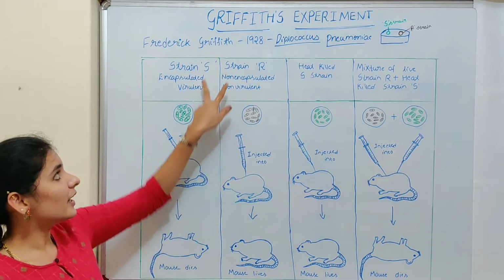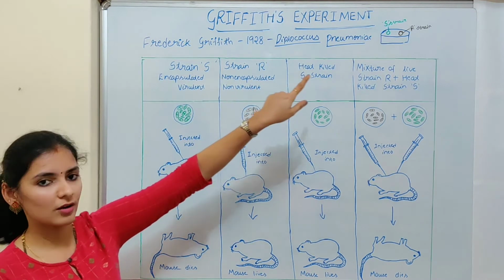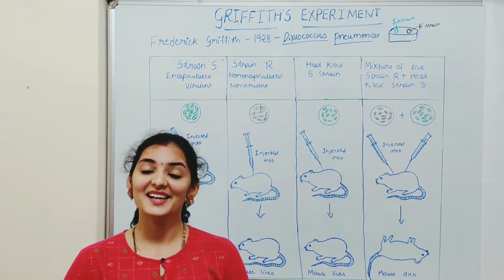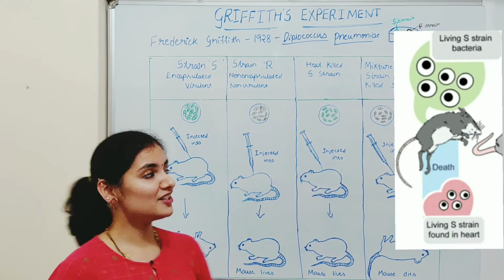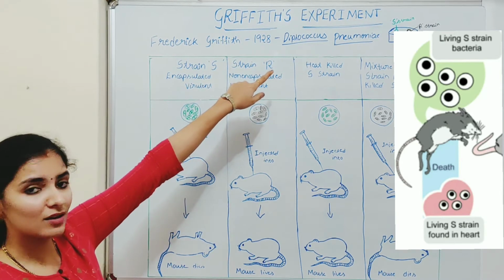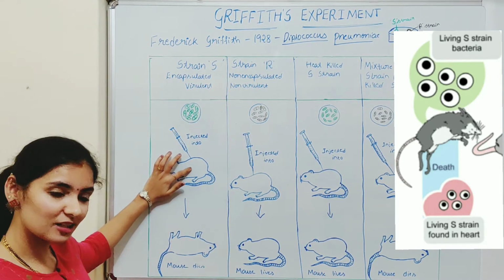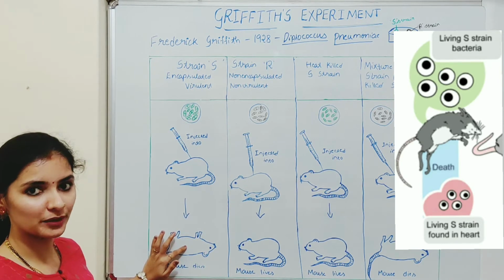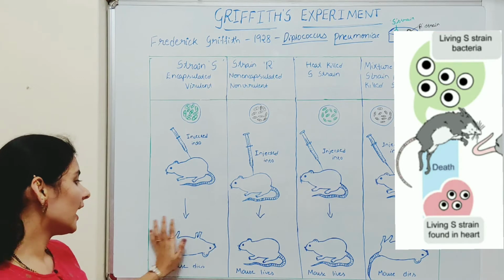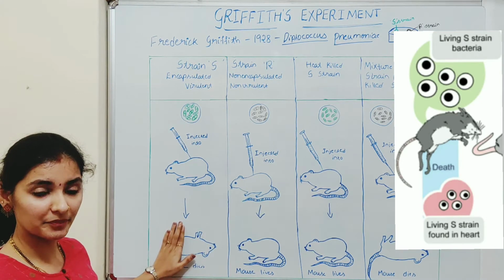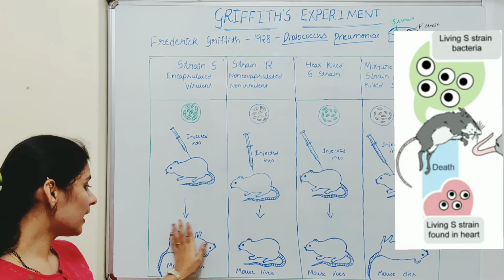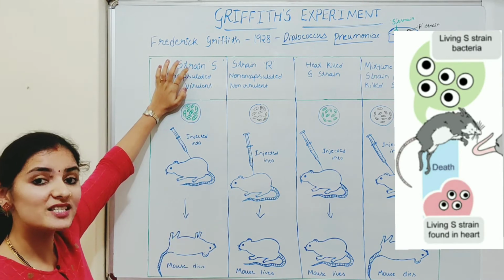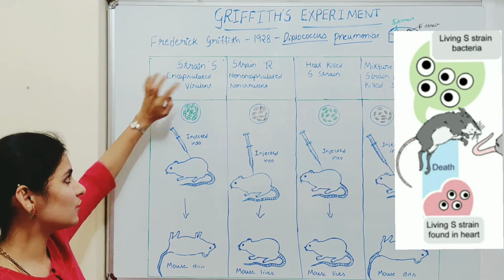With the help of these two strains of Diplococcus pneumoniae, Griffith conducted a series of experiments on mice. In the first experiment, Griffith injected the S strain of Diplococcus pneumoniae into a mouse. The result was the death of the mouse. This mouse developed pneumonia and died because of pneumonia. He could also show that the blood of this dead mouse contained living S cells, which suggests that the S strain is virulent.